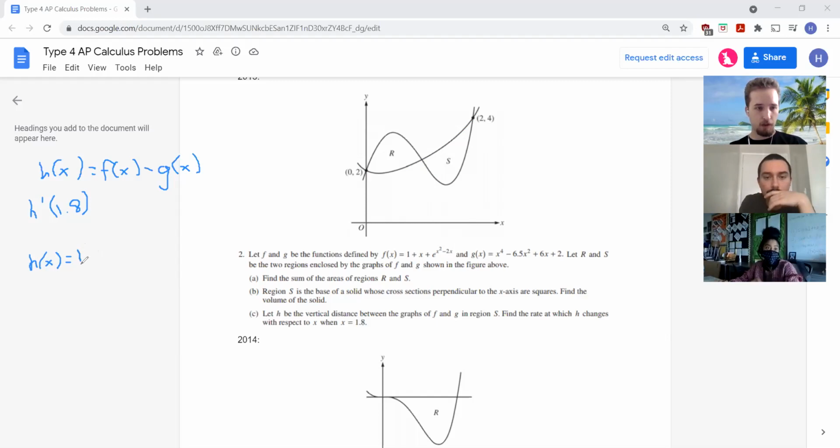So first we have 1 plus X plus e to the x squared minus 2x, and then minus our g of x, which is x to the fourth, minus 6.5x squared plus 6x plus 2.